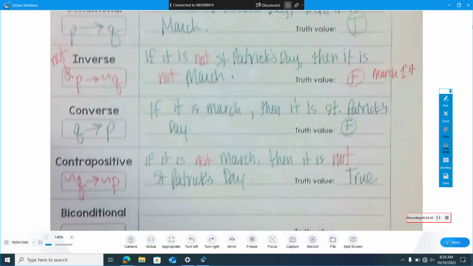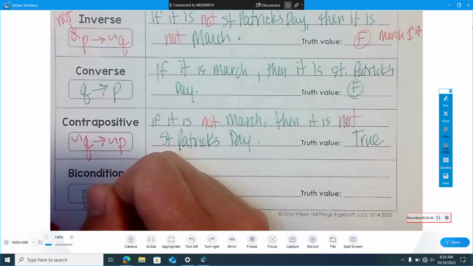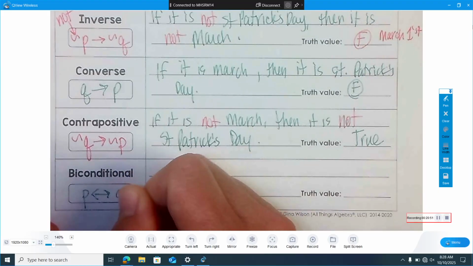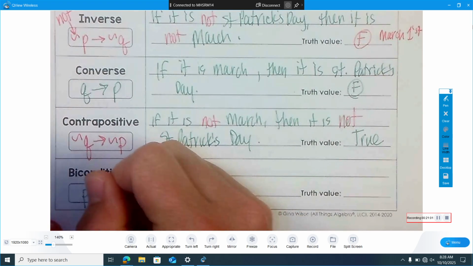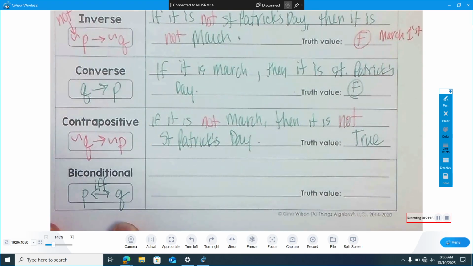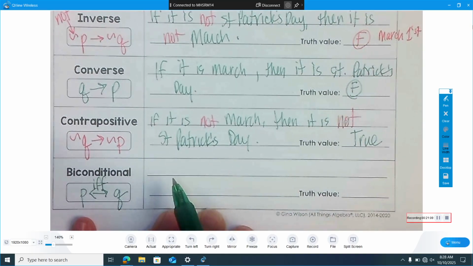Okay, cool. Biconditional. The biconditional is P double arrow Q. So P implies, or P if and only if Q. So that's the double arrow's got to go both ways. And we want that if and only if statement in there to write the biconditional. So what are we going to write?